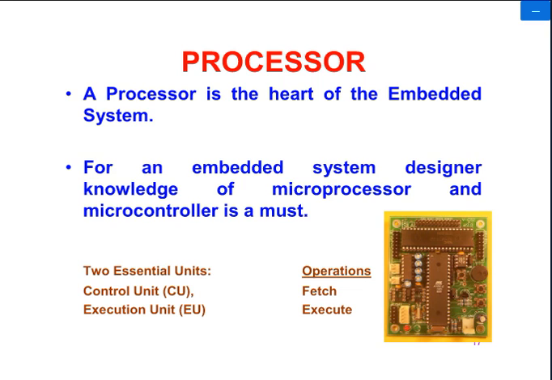So the two essential parts are the control unit and the execution unit. When you command to display 47H in the port B, this part is taken care of by the execution unit, and the operations I already discussed.